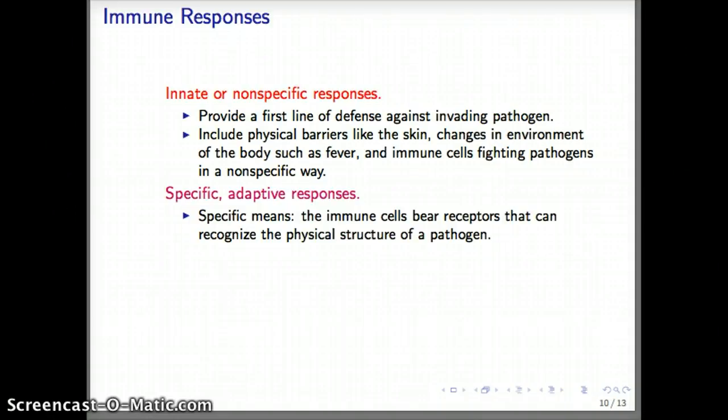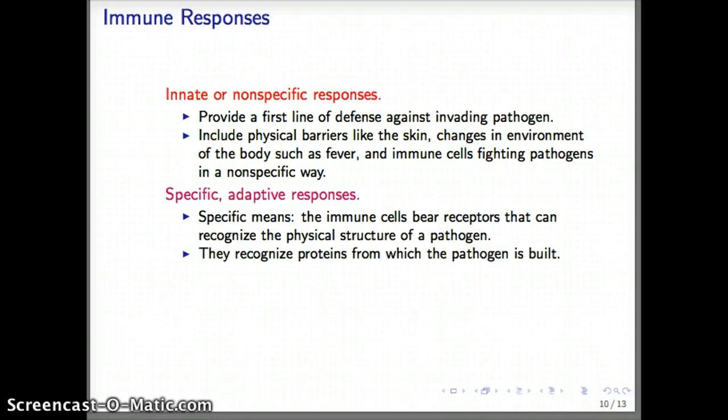If you want to make an analogy with law enforcement, think about some type of facial recognition software located in some place, scanning people walking by, looking to have a match with some reference. As soon as there is a match with some specific pattern or structure, there is a red flag, and this is an analogy for how some of these specific responses are triggered by the immune system.